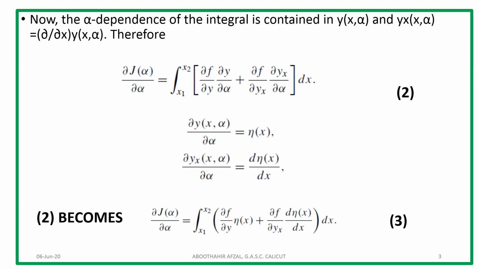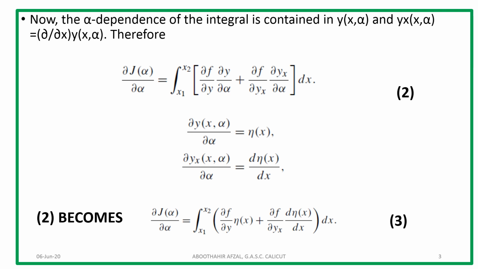Now you see the terms in the bracket of the integral. Dou y by dou alpha is nothing but eta of x. This was discussed in the last lecture. So y_x is nothing but dou y by dou x.